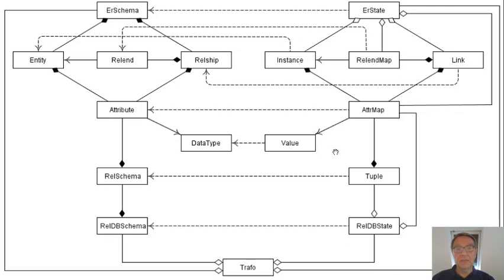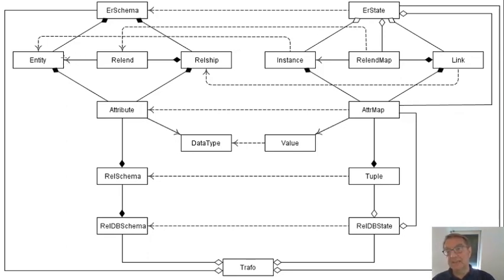Yes, and on the other hand, we see I have used here functional relationships. And functional relationships are denoted here with an arrow. A relationship end has exactly one entity, and that's the type of the relationship end.